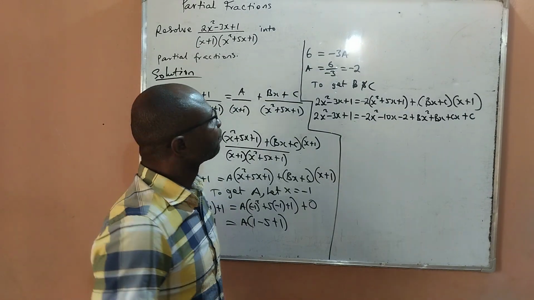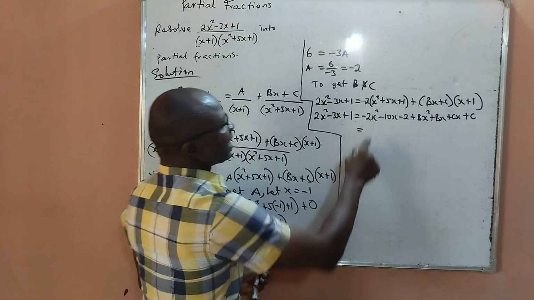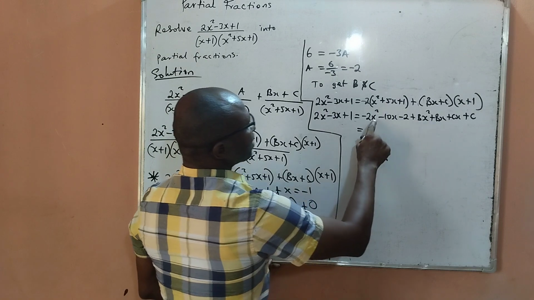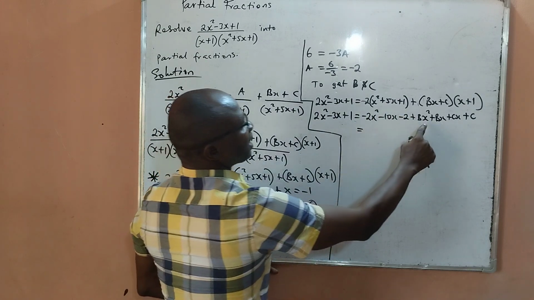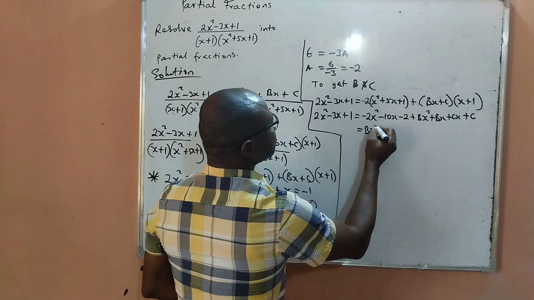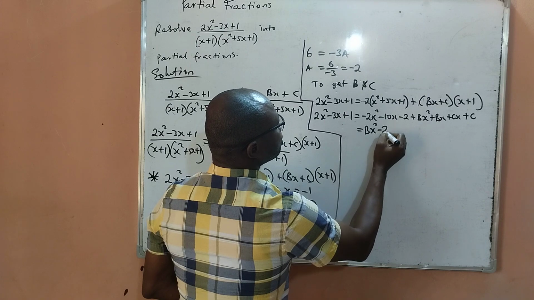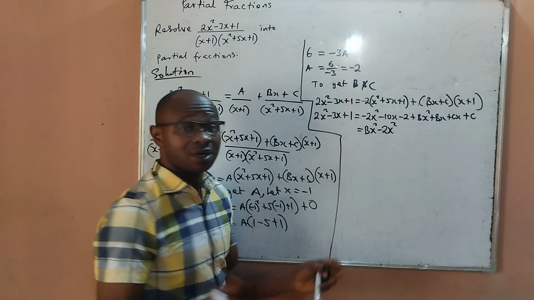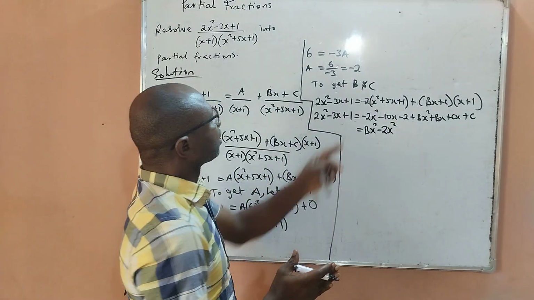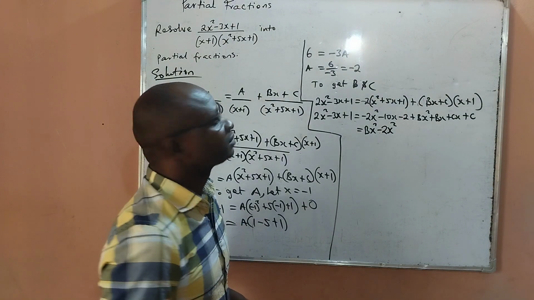That is what we do. Now, I want to collect those that have x squared together. So I have here minus 2x squared, I have here bx squared. So I will write bx squared minus 2x squared. So I have taken together the x squared terms.